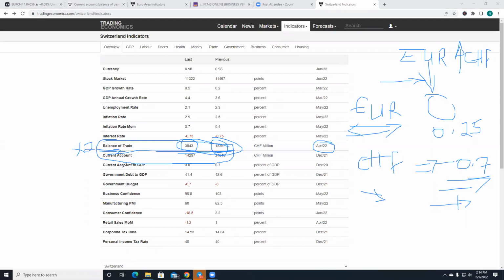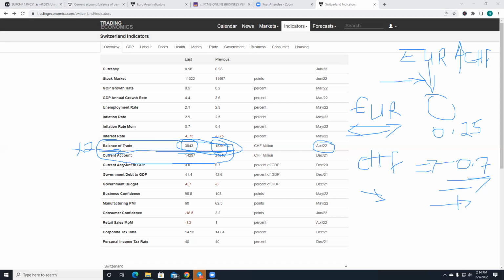I'll be happy to keep the currency of a country that is having a positive trade balance, a healthy current account. Because, guys, these are the two most critical economic data that we use to judge the health of the economy of any country. You cannot say your economy is doing well and is healthy when you have an extremely negative trade balance.